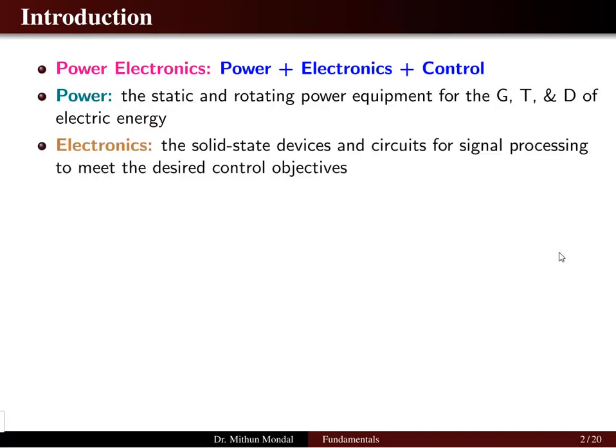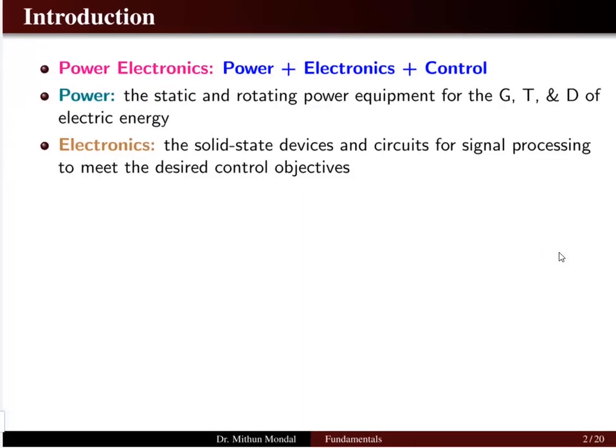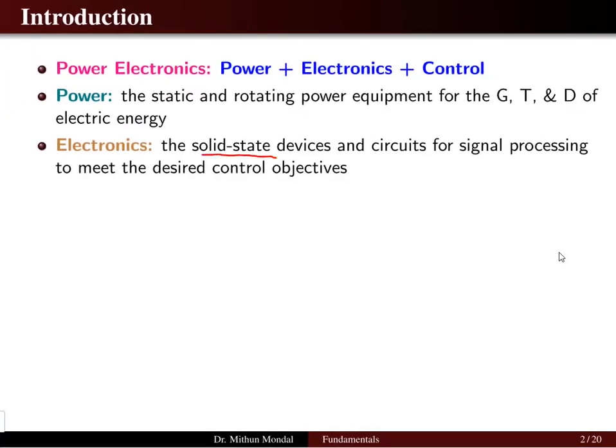The electronics are basically the solid state devices, and the circuits which are responsible for connecting these devices together with the signal processing, which will be used to convert one signal to another form to meet the desired control objectives.